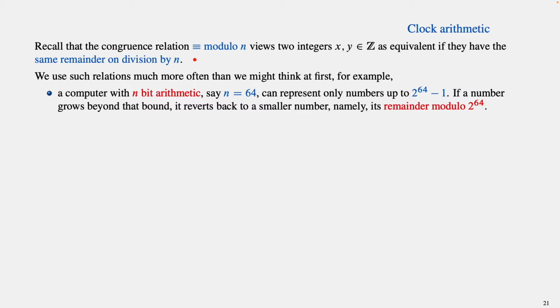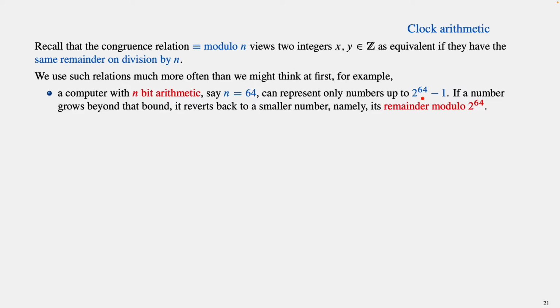And this might seem a bit exotic when you see it for the first time, but we actually use such relations much more often than we might think. For example, we use it in computers. If a computer has n-bit arithmetic, so at the current time n equal to 64 would be reasonable, then in this computer we can represent only numbers up to 2 to the power of 64 minus 1, at least if we hold the numbers in the registers or the processor of the computer.